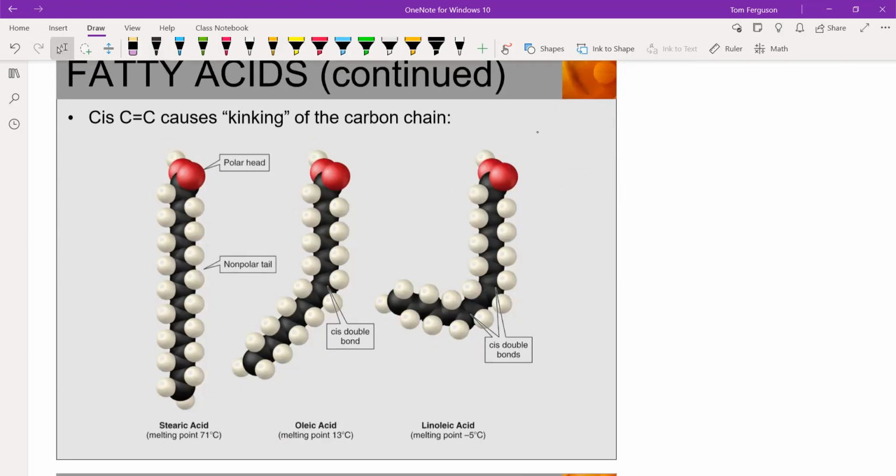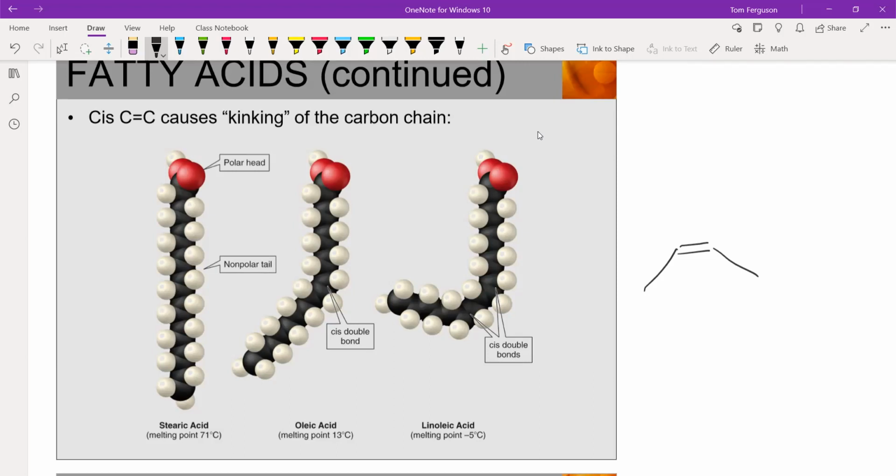Now, if you remember, whenever we have a cis in the long straight chain, it's going to kink the backbone. And depending on how many of these you have in a row, it's kinked even more.